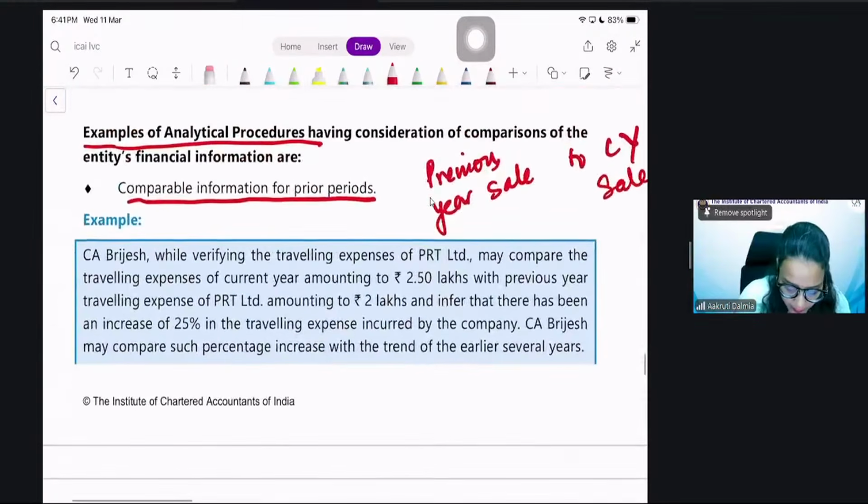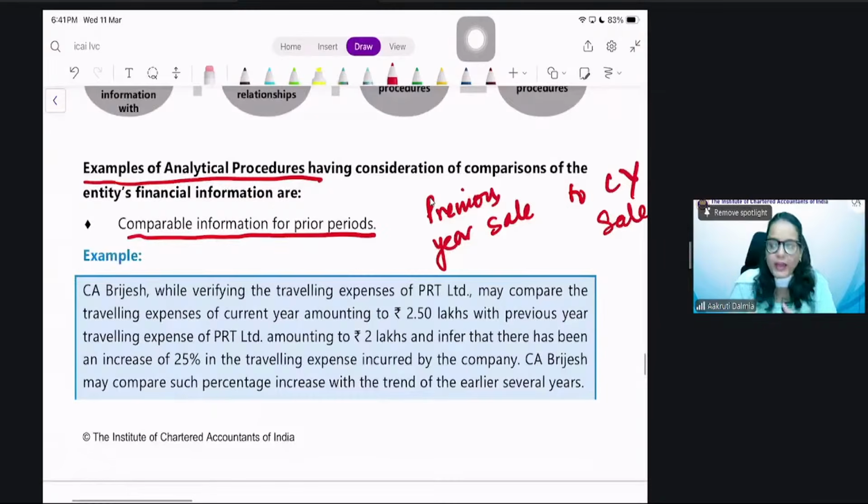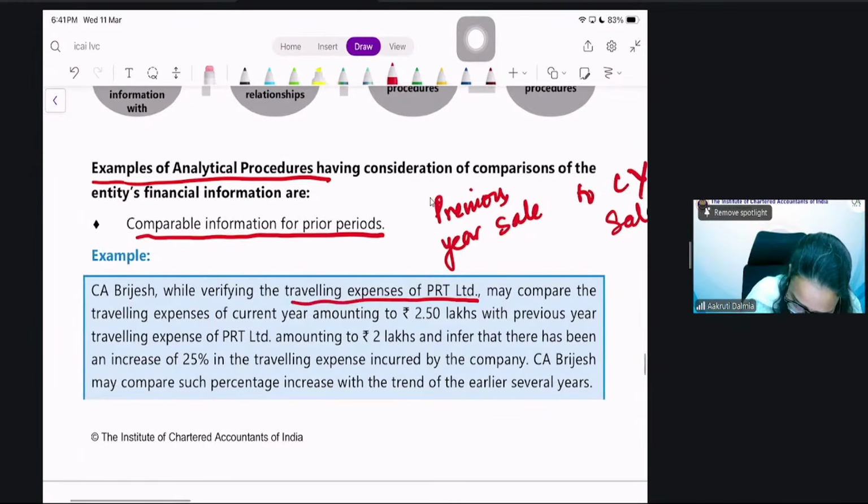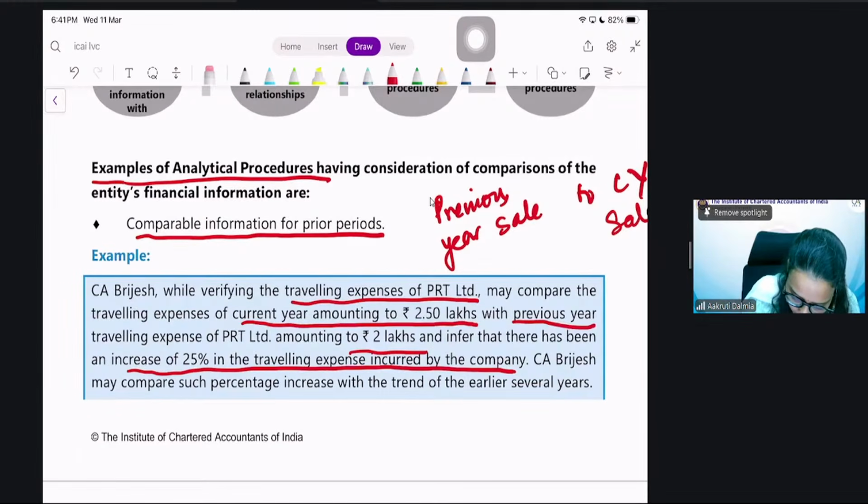Let's see this example. So this you understood? Comparison with previous year is analysis. Comparison with budgets is analysis. Comparison with other industry is also analysis. Okay. CA Brijesh, while verifying the traveling expenses of PRT, may compare the traveling expenses of current year of 2.5 lakhs with previous year of 2 lakhs and infer that an increase of 25% in traveling expenses has happened in the company.